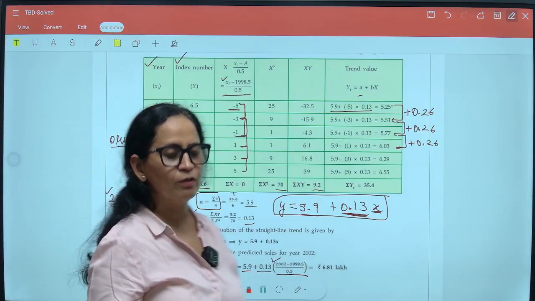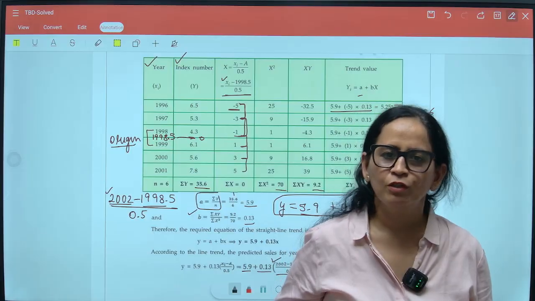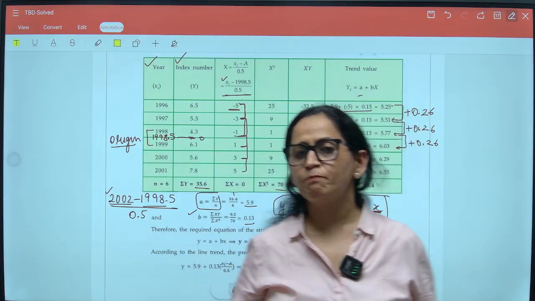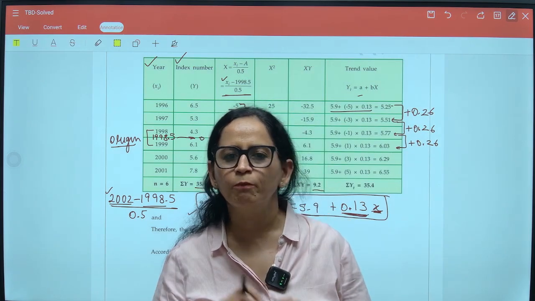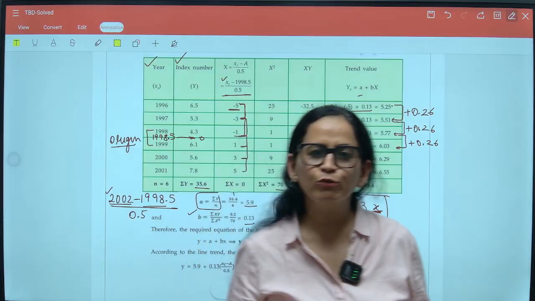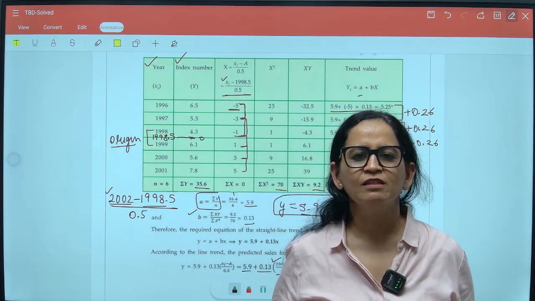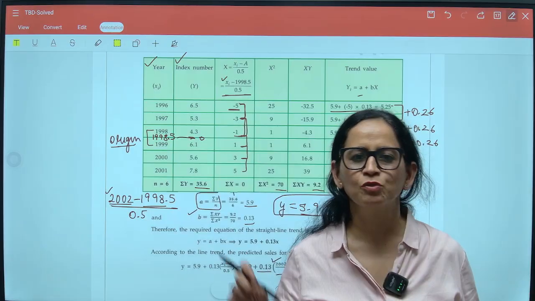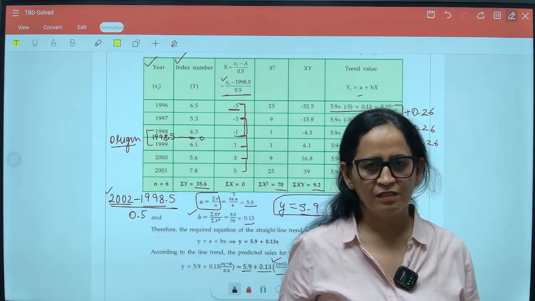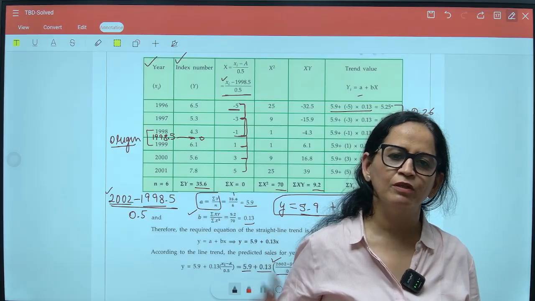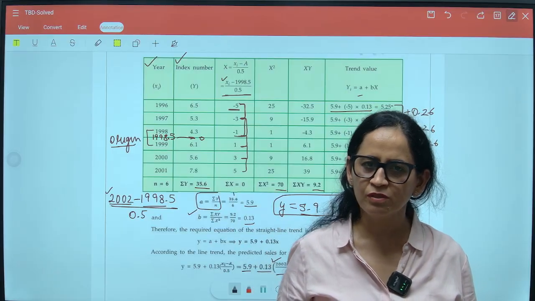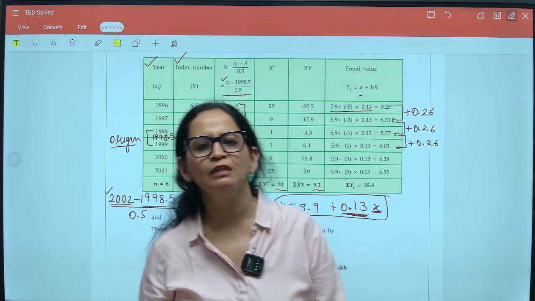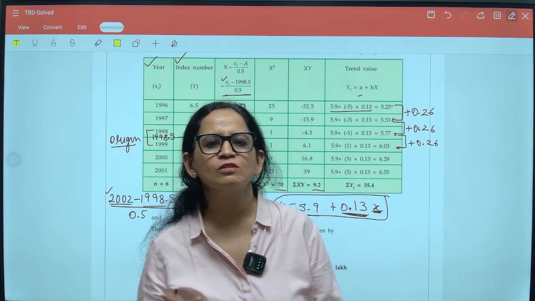So I hope both the methods are clear, the method of moving averages and the method of least squares. I suggest you practice at least 3-4 questions for both methods, and pick whichever has odd moving averages or odd years for the least squares for your board exams, because calculations were easier for odd values. When you had even moving averages or even period for the least squares, the calculations were a little more.